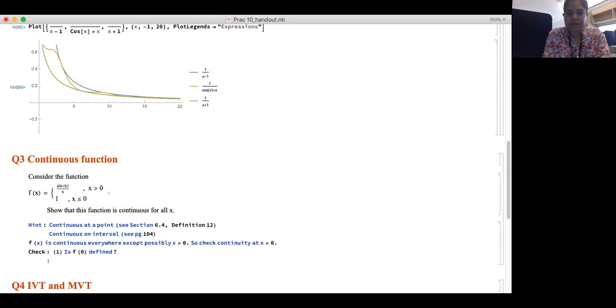Second condition is check. Yes, it is defined. Yes, f(0) equals 1.